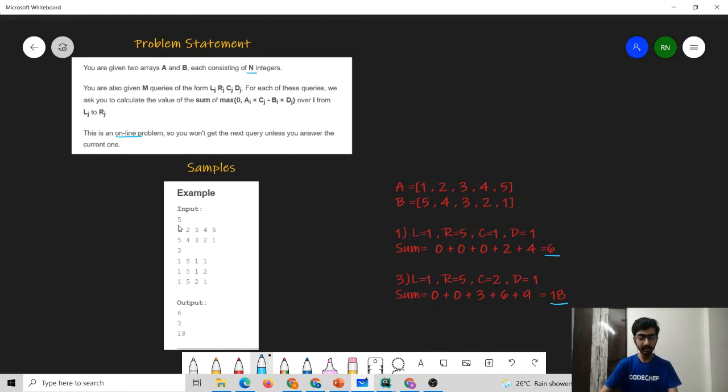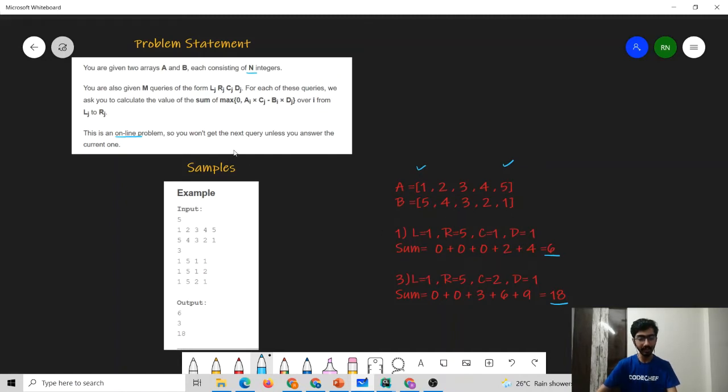So in this sample case, we have an array of size 5. The array A is 1, 2, 3, 4, 5, while B is 5, 4, 3, 2, 1. In the first query, L is 1 and R is 5, C value is 1 and D value is 1.